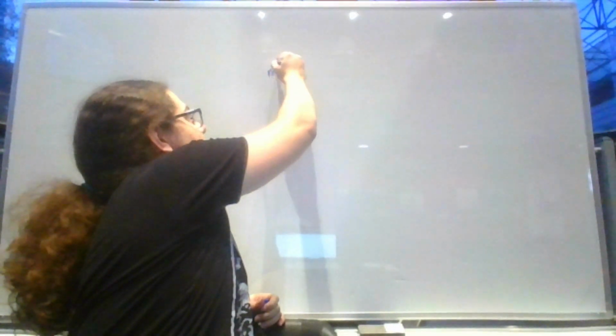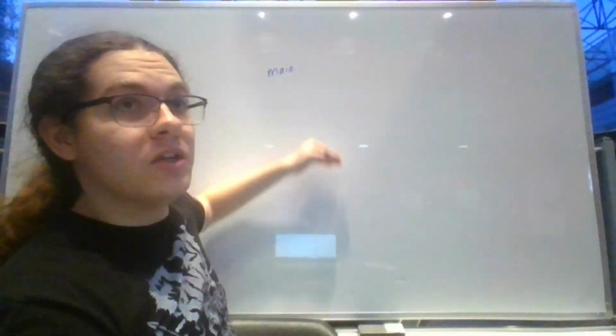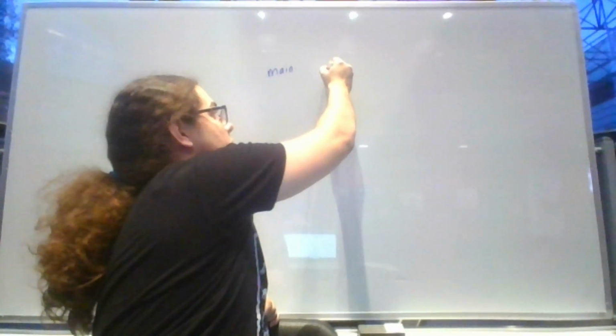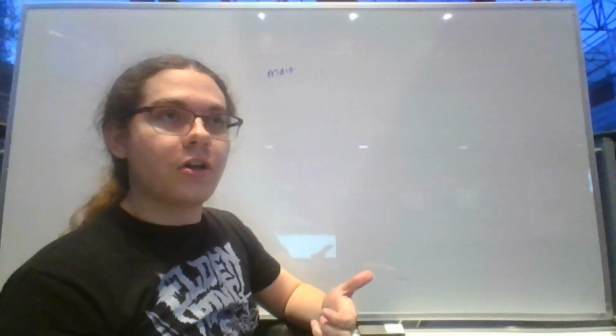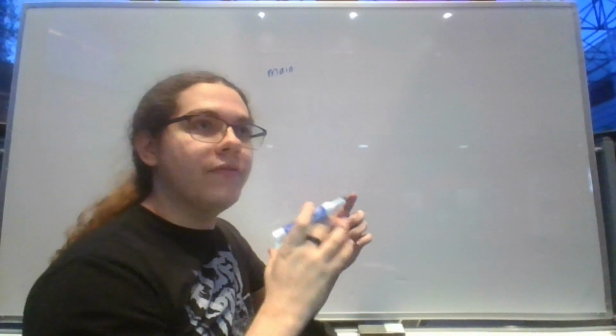You have your main function, so I'm going to have a label here called main. My main function is contained within this, so I might have some assembly instructions up here. And then I have my function call, the line where it says int y equals subtract of 7, 3.